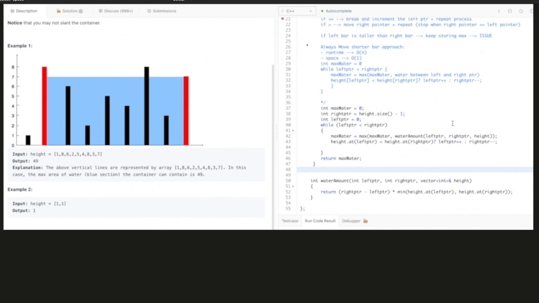So if I were to scroll up over here, there was the solution class, and then there was this function which started. So there was some function name, and then we started off with this line. So int max water equals 0. So we initialize this variable called max water, which is the maximum amount of water that we've seen so far.